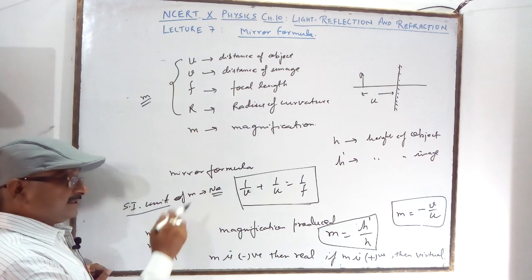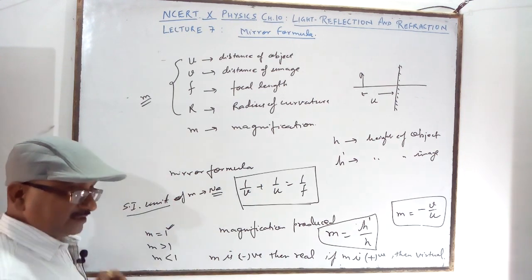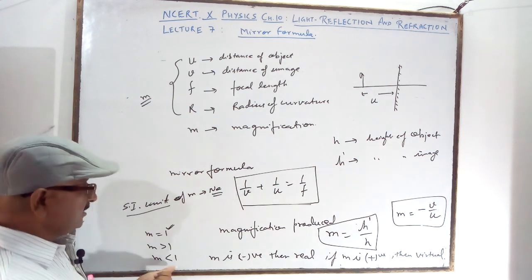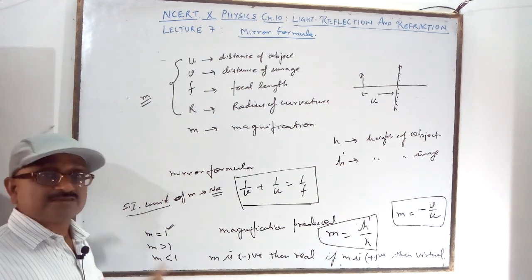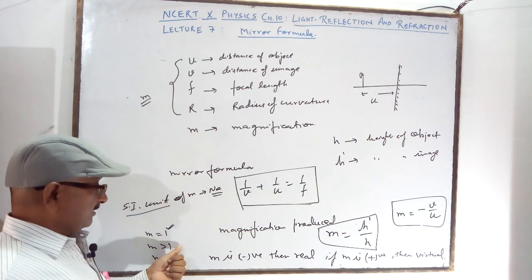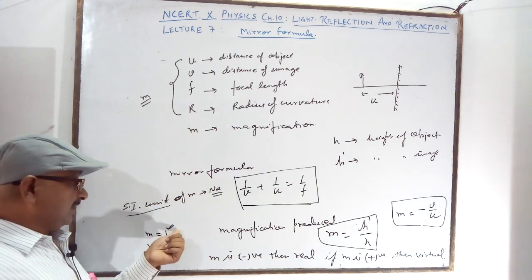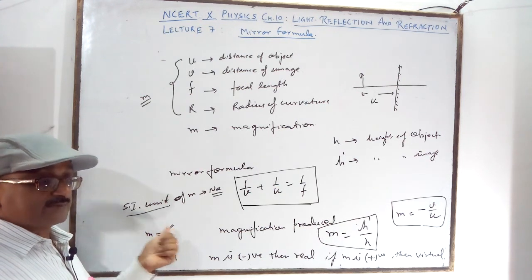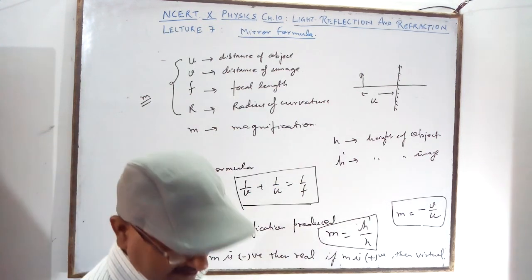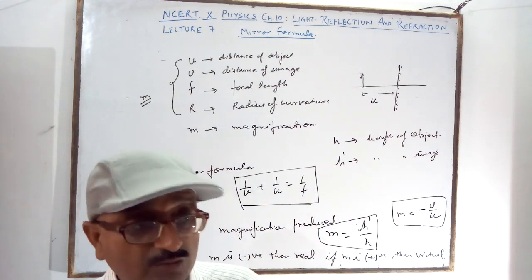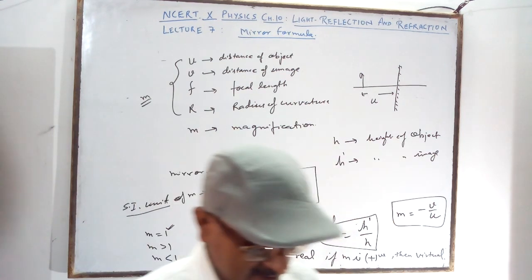Greater than 1 means 1.2, 1.3, positive, and you get a magnified image. Less than 1 means you get a diminished image. So magnification is always positive or negative, never equal to 0.